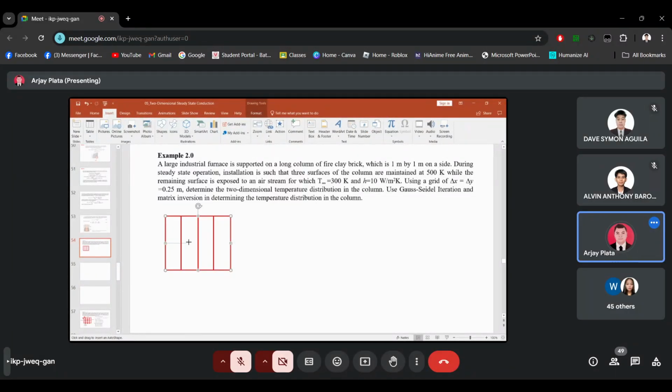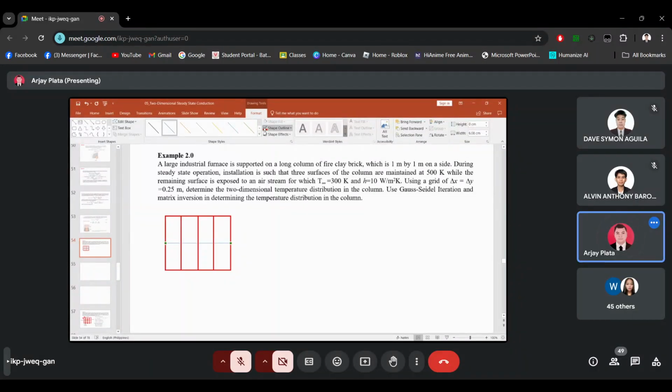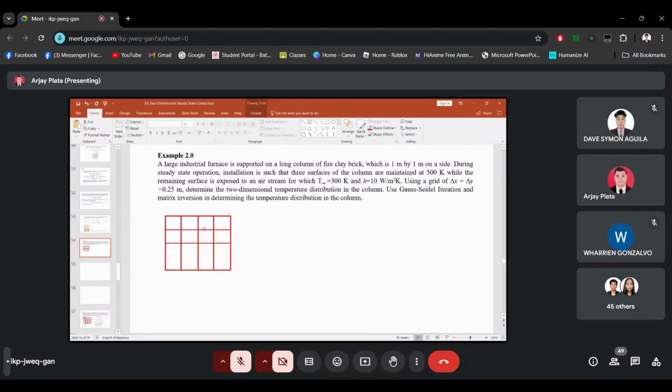So you have to divide it by 4. Now we have delta x and delta y.